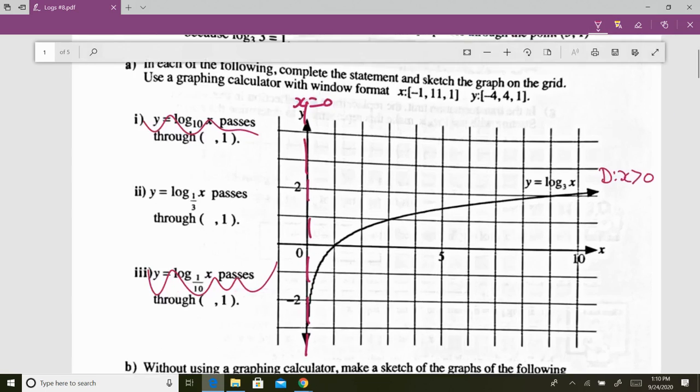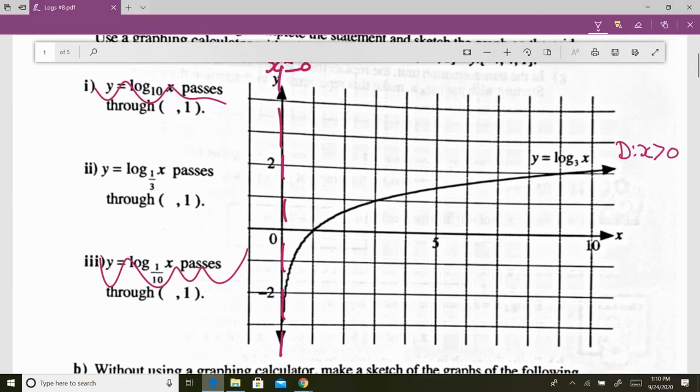So if I take log base 1/3 of x, and I say, okay, we're going to graph this. Well, I'm going to rewrite it first. Do you remember the change of base rule from yesterday? It said if I have a log of some base b, I can change that to any base I want by taking the log of the argument a over the log of the base.